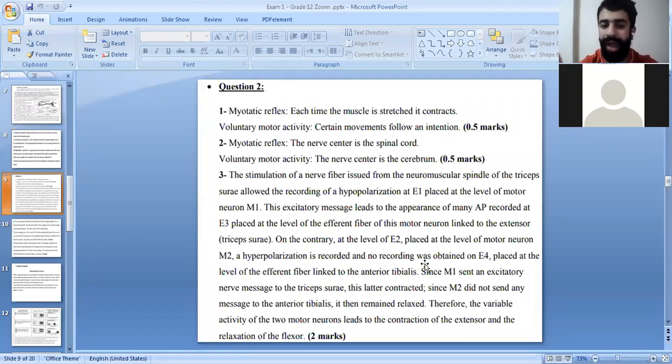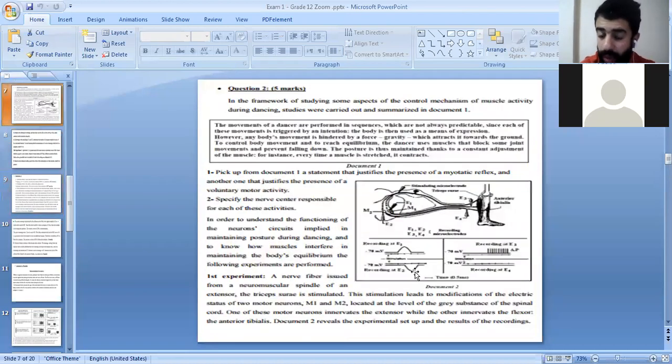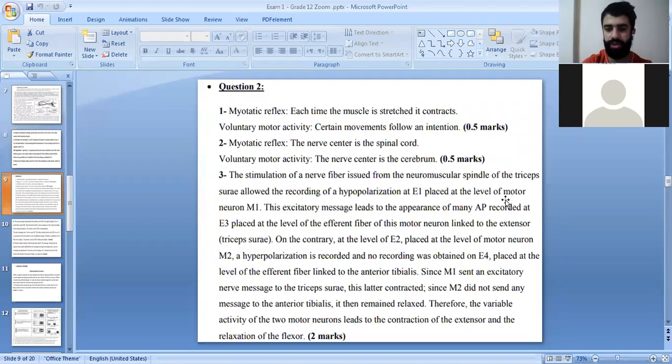So there is no action potential linked to the anterior tibialis. We have no action potential at the level of E4, which, as you know, is connected to the anterior tibialis, the flexor. Since M1 sent an excitatory message to the triceps surae, the triceps surae contracted.